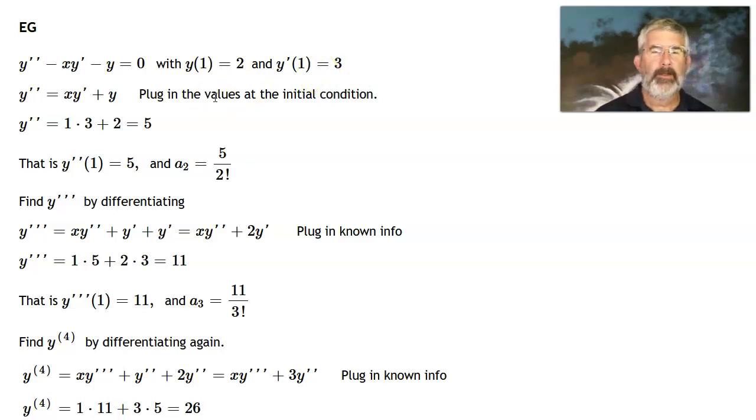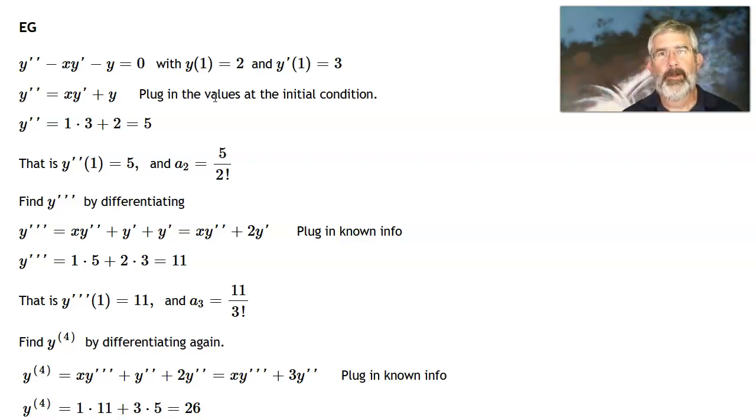Graphically, the first initial condition is saying I want it to go through this point, and then the second initial condition is saying I want it to have this slope as it passes through that point. So rather than starting at 0 with a particular slope, you're saying move over to 1. So it just slides it over, but it's the same altitude, same height, same slope, just here versus there.